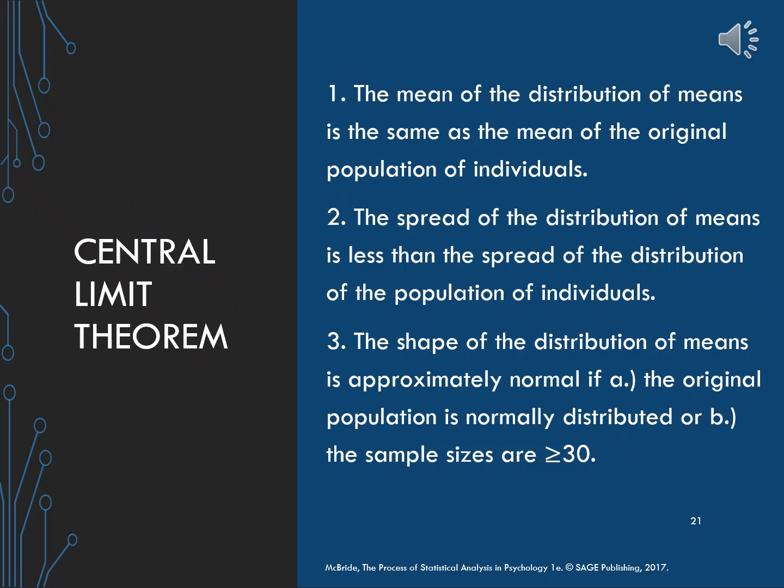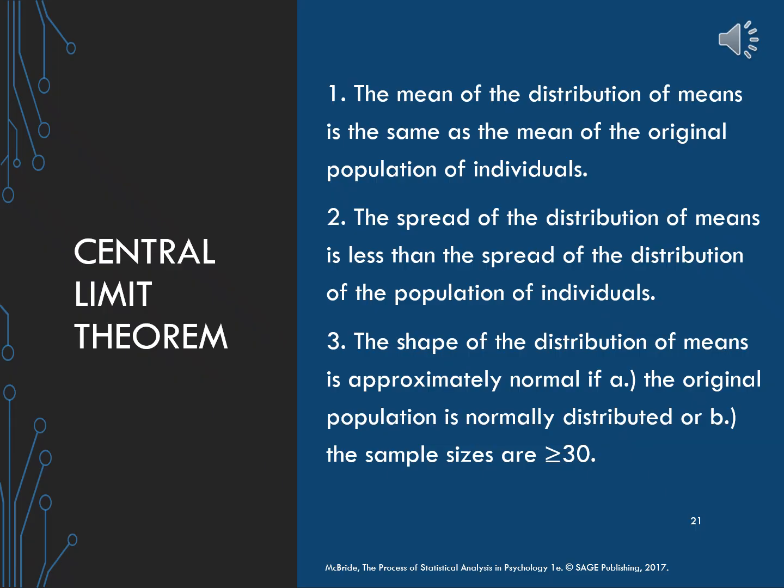And the shape of the distribution of the means is approximately normal if either the original population was normally distributed for whatever variable you're interested in, or the sample sizes that make up the means are at least 30 people or more. And that number is based on a lot of modeling that mathematicians have figured out over the years. So definitely memorize that number.